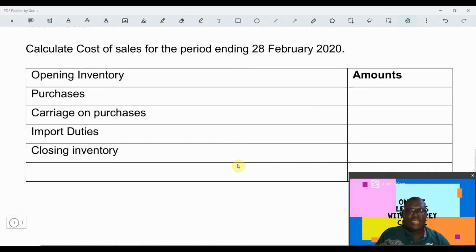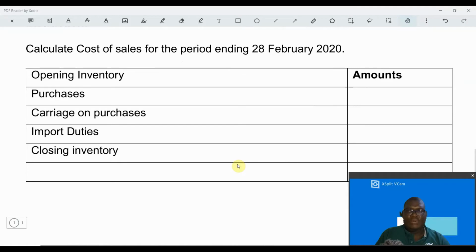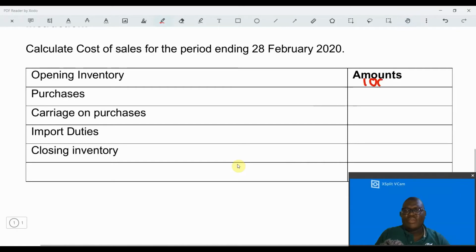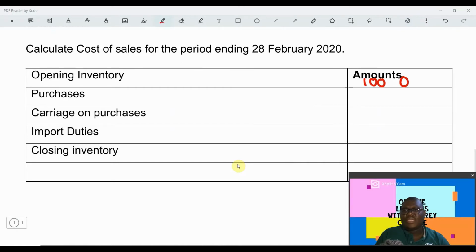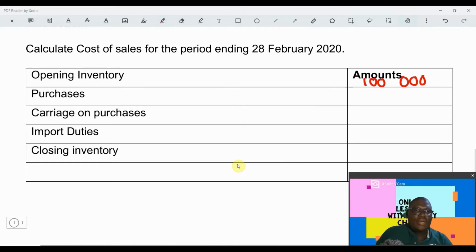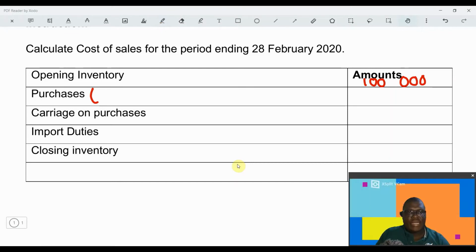Our opening inventory here was actually supposed to be 100,000. This amount was written by mistake. It was supposed to be at the top. So we already know that our opening inventory is 100,000. And then in terms of these other things like purchases, we may want to open the brackets so that we can show the workings inside the brackets.